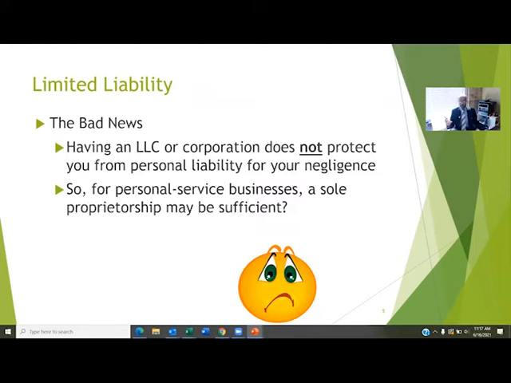The other situation that we often run into with limited liability is that it does necessitate that you retain an attorney in the event that you're sued.